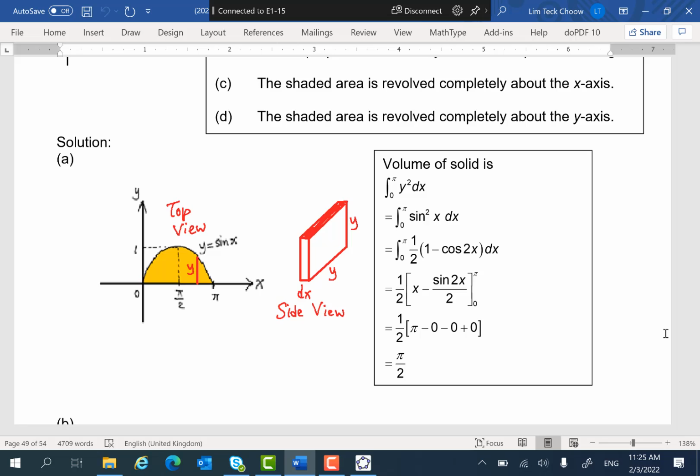Is it there for you? So the working is like this because, as I told you, y squared times delta x is a small volume. Now you sum it over the entire interval for x. And then the answer is pi over 2.